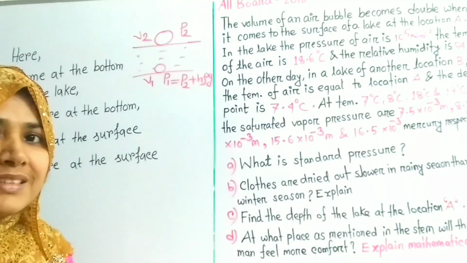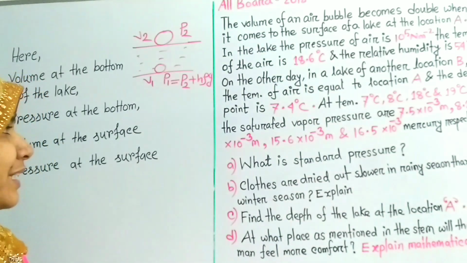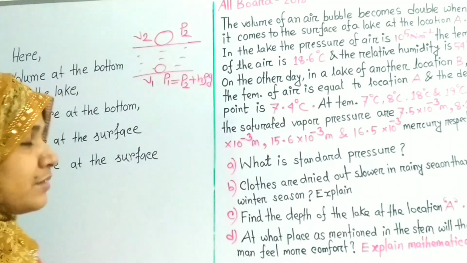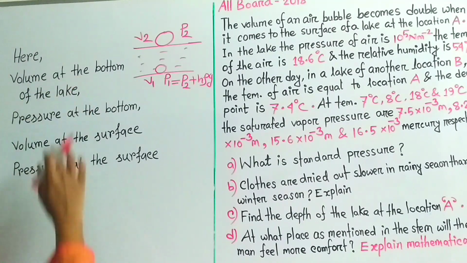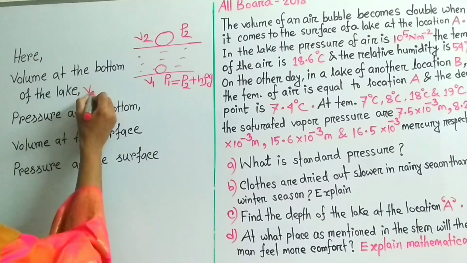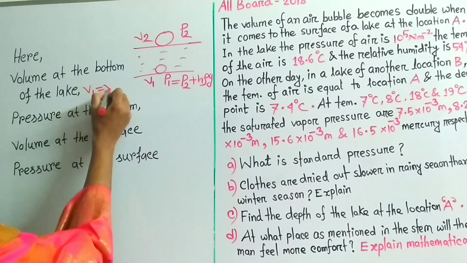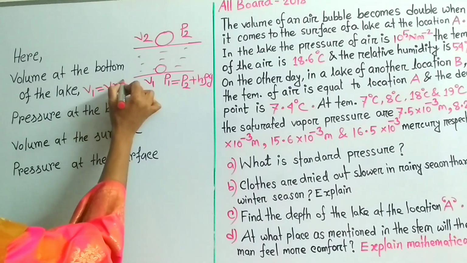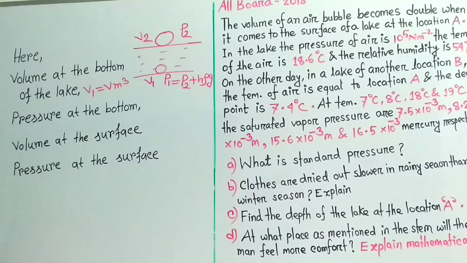Now we can see that the given information is the volume at the bottom of the lake, V1 is equal to V meter cube.